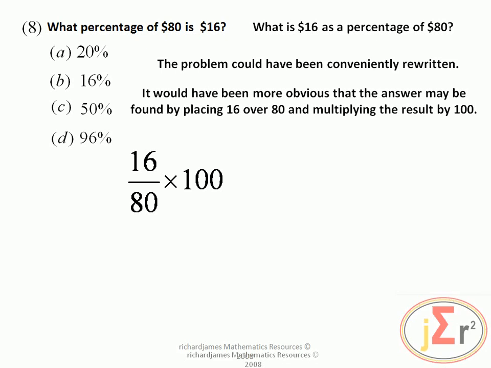So we are saying 16 over 80 is equal to what number over 100? So 100 may be written as a fraction that is equal to 100 over 1. So we may rewrite that.